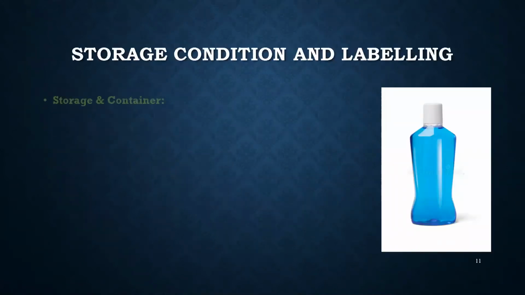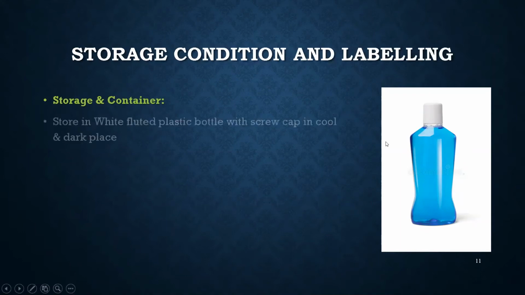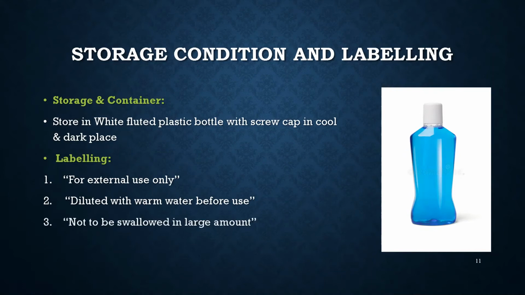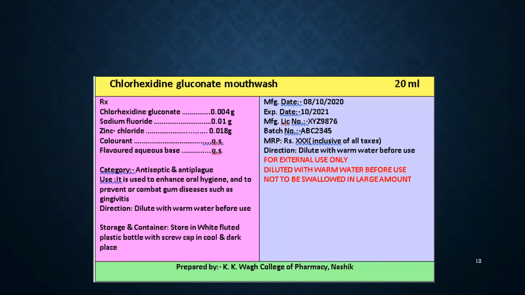Storage conditions: you can see the storage container, that is store in a white fluted plastic bottle with a screw cap in a cool and dark place. Labeling instructions include for external use only, dilute with warm water before use, and not to be swallowed in large amount. This is the label of chlorhexidine gluconate mouthwash, where you have the quantities, category, use.